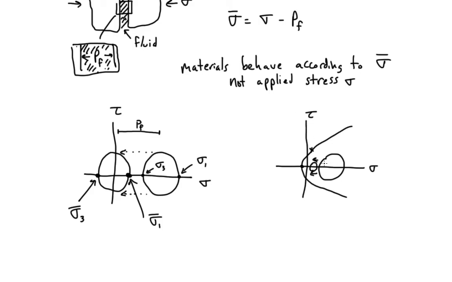So we distinguish between bigger Mohr circles that are going to hit in this area. This is sigma 1. Those are going to have this kind of orientation.